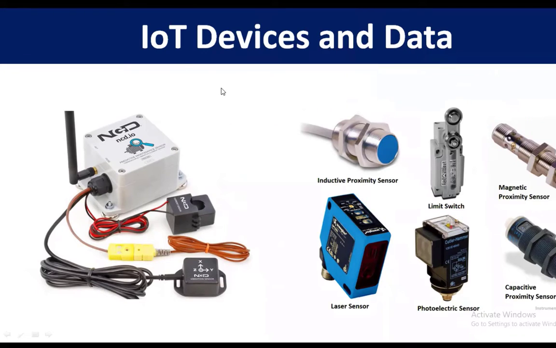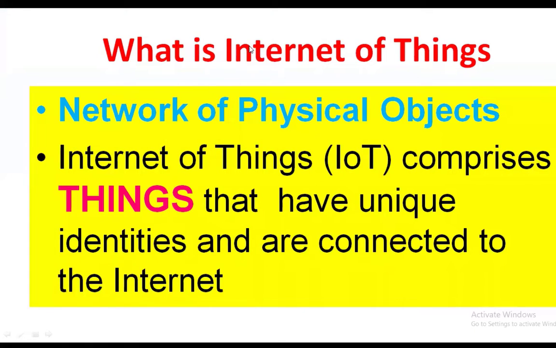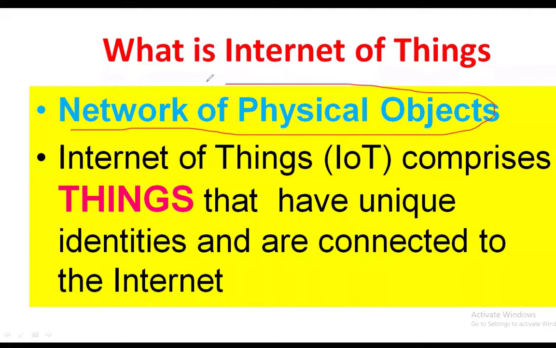First, if you are new to IoT or other fields, I'll give you some introduction on IoT. What is Internet of Things? The Internet of Things can be defined as a network of physical objects, or a network of things.